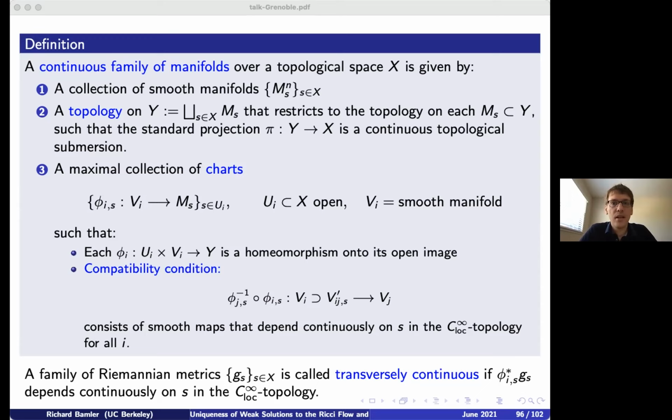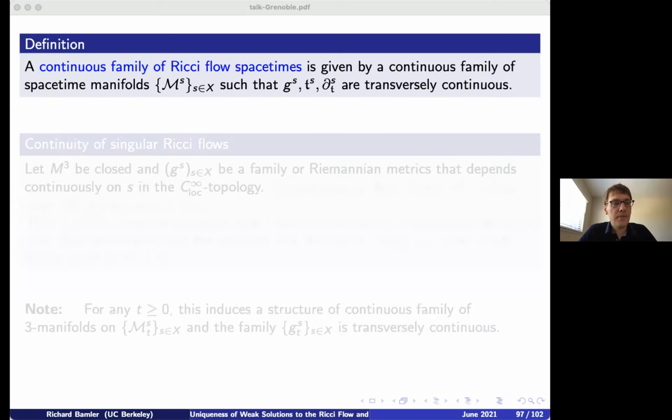And I can do the same for other tensor fields. Whenever I take a family of tensor fields on these M_S, I can look at the corresponding pullbacks and ask whether they depend continuously on S. And so this now allows us to define what a continuous family of Ricci flow spacetimes is.